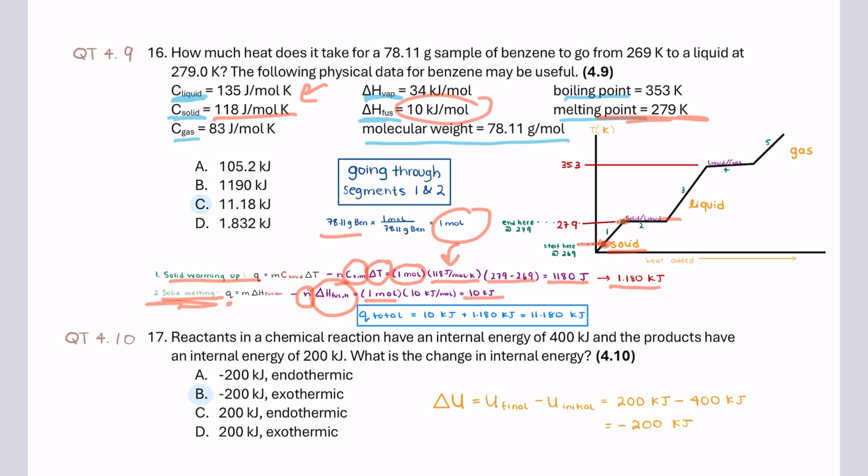That gives us 10 kilojoules. Now we add both contributions, 1.18 kilojoules to warm the solid and 10 kilojoules to melt it. That gives us a total of 11.18 kilojoules. So the correct answer is choice C.